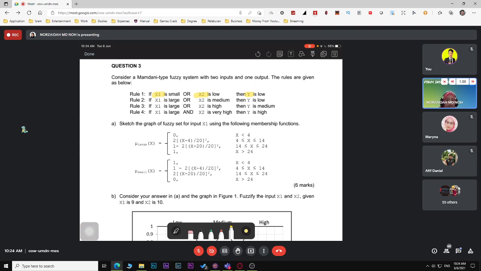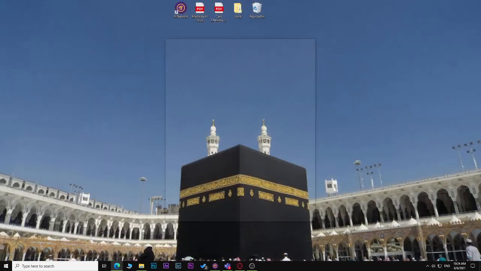However, sometimes you can have several inputs yang lebih daripada 2, mungkin you have 3, 4 or 5. You can combine it with AND or OR operators, and even sometimes you have rule 1, rule 2, rule 3 mungkin gunakan 2 input, and then rule 4 mungkin menggunakan input yang berbeza, which is the output of the first 3 rules tu, output dia jadi input kepada another rule. Itu boleh berlaku.